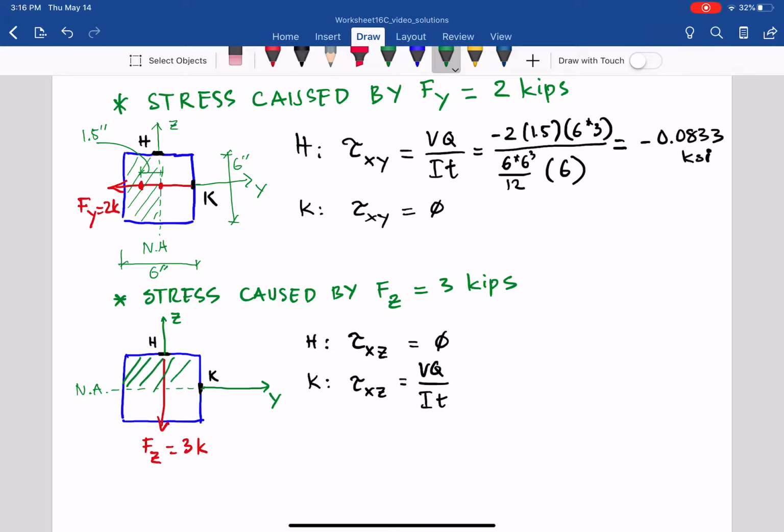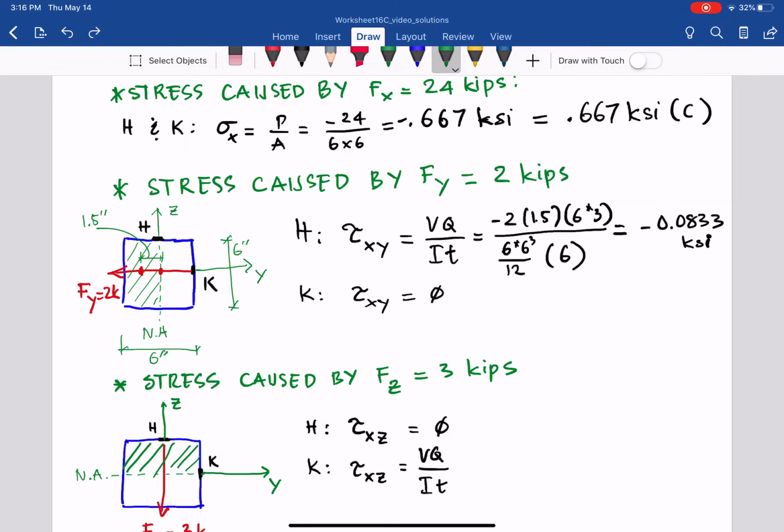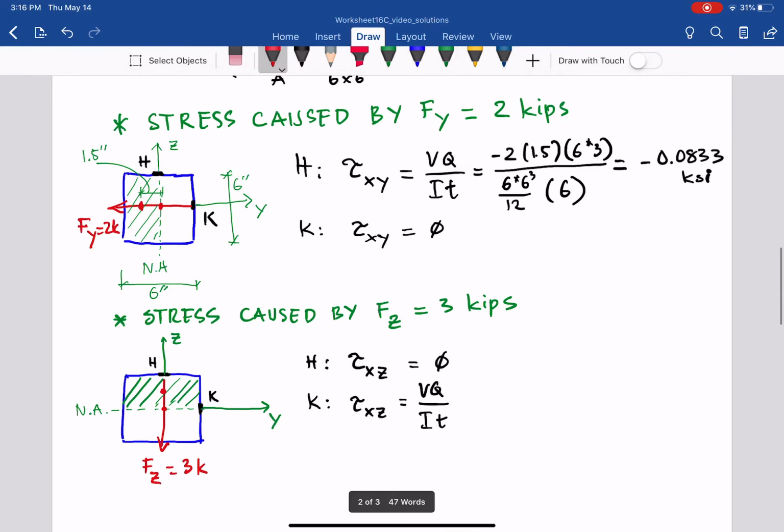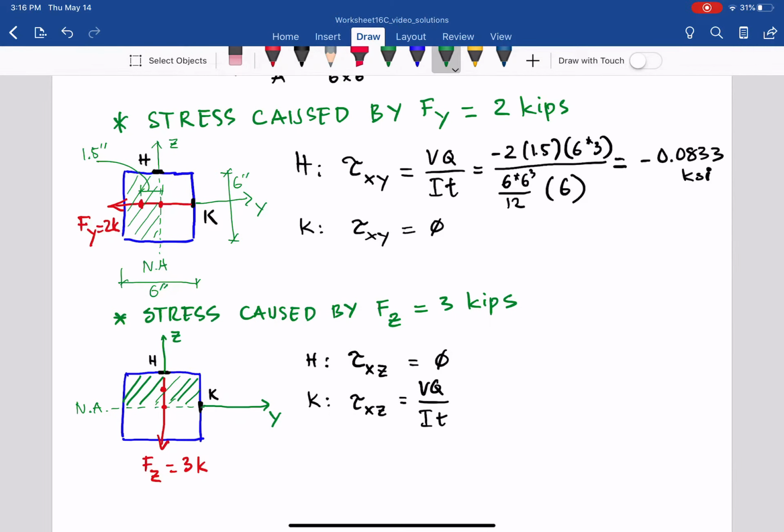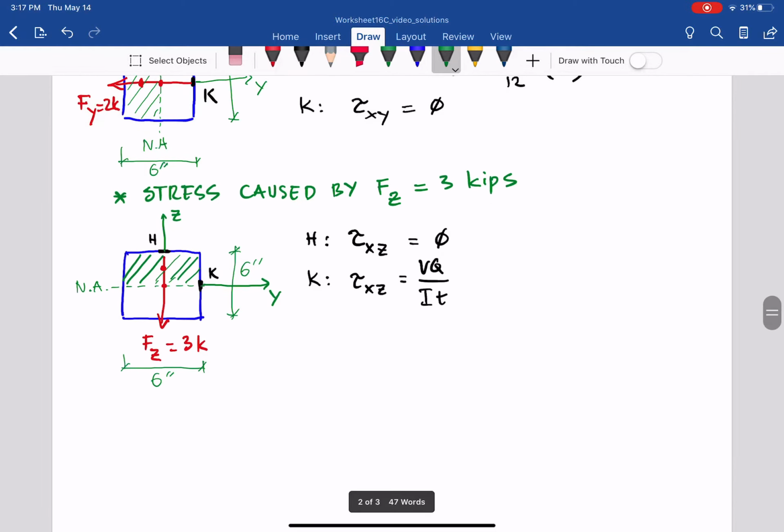All right, so that one here, let me delete here. So that one we have, and the Y bar is from here to the centroid, so it's exactly the same, because that is 6 inches, and also here 6 inches.